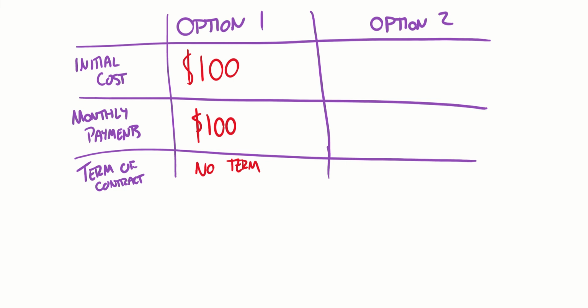So it's $100 up front, $100 every month, and I can stop whenever I want. Option 2, this doesn't have any startup cost, but it's $150 a month, and I have to have a term of 1 year. Means I'm locked into this contract for 1 year. I have to pay out the course of 1 whole year in order for this to work.